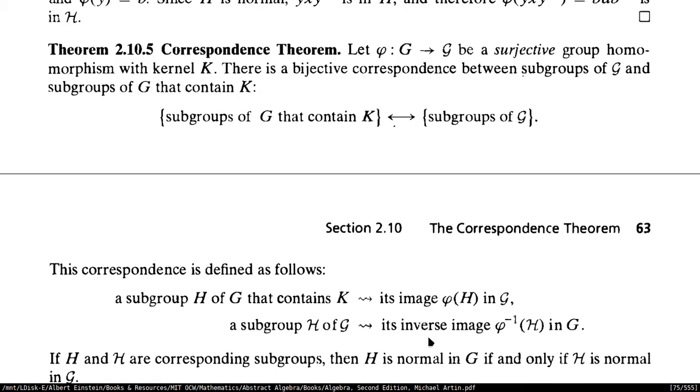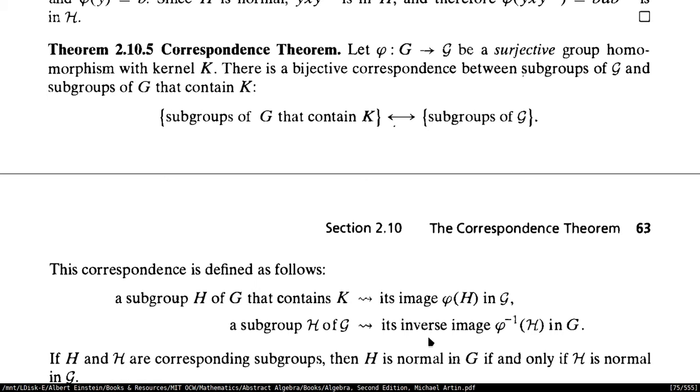Okay, so the correspondence theorem says that you have a surjective group homomorphism, as we saw before, with kernel K. There is a bijective correspondence between subgroups of curly G and the subgroups of G that contain the kernel. It's somewhat related to the proposition, but not entirely equivalent.